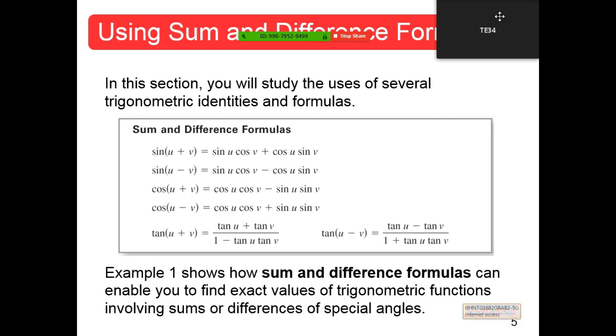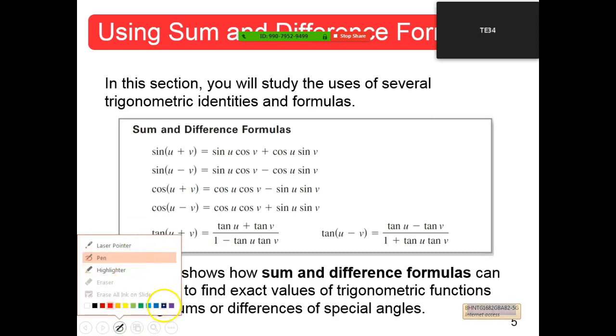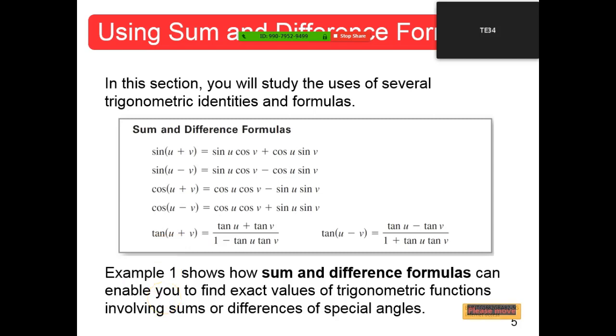So the sine, you just have to pick up the pattern is basically what I think of. And here's what it is for sine of u plus v. Sine u, cosine v, plus cosine u sine v. Okay?